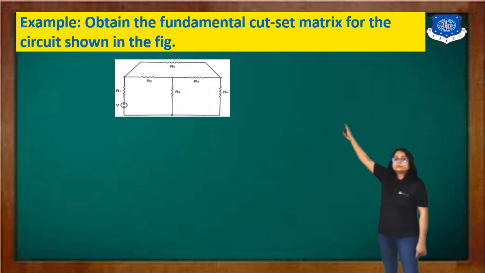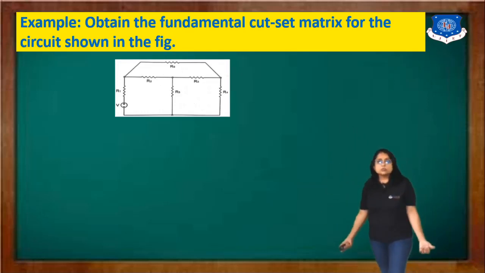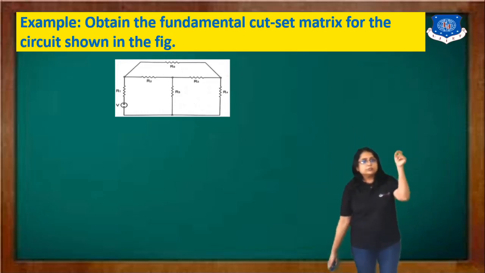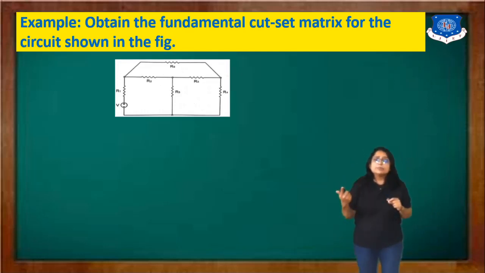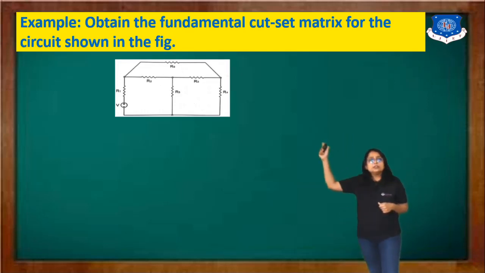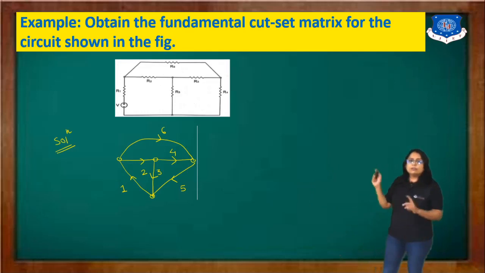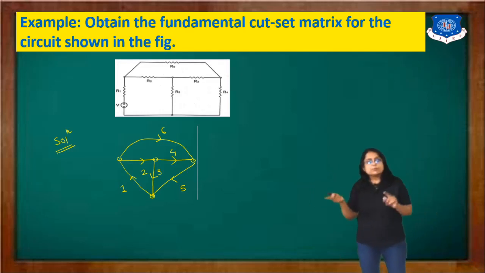Now here, in this circuit, as such there is no current source. All the elements can be replaced by a line segment. So how can we draw the graph? Identify how many nodes are present. In total, 4 nodes are present. So here we will take 4 different nodes, and one by one we will see the branches.